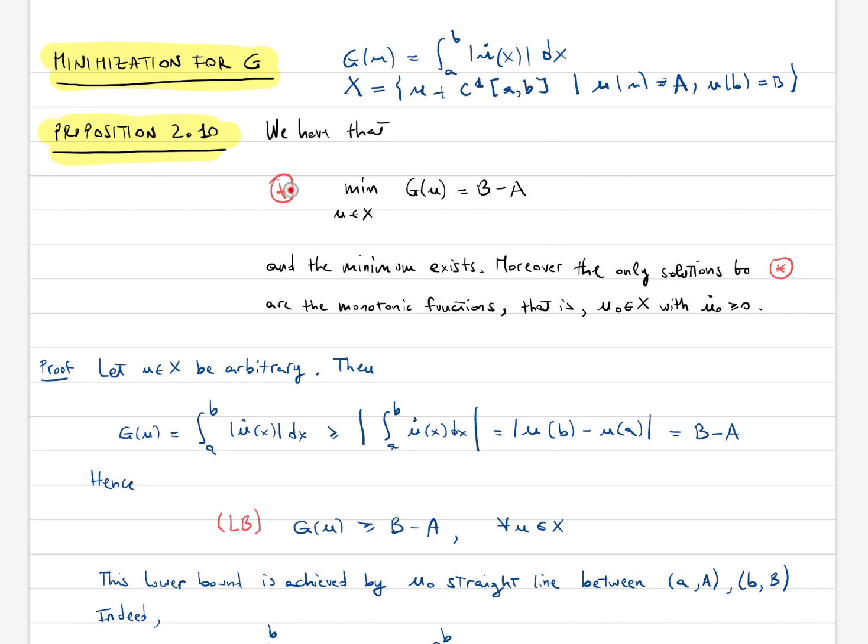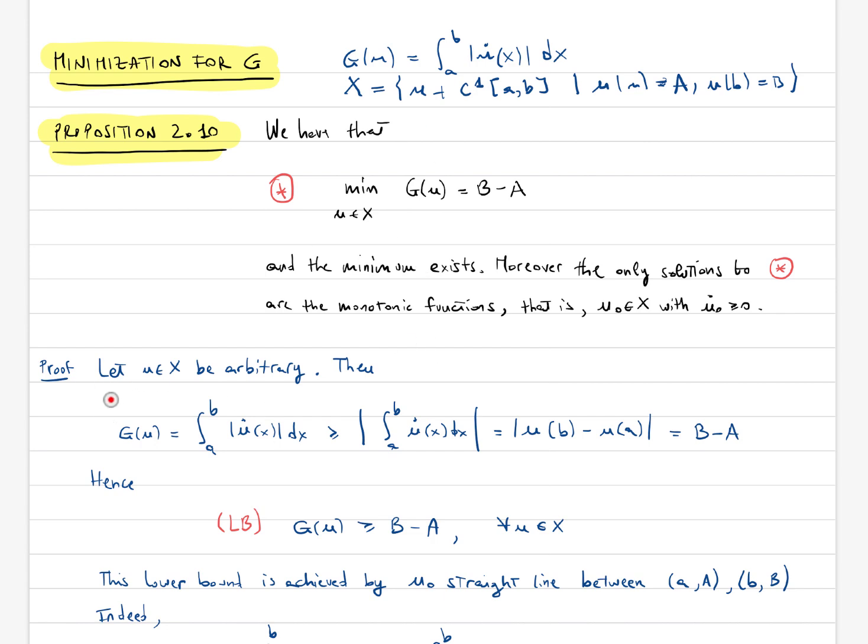Moreover, the only solutions to the minimization problem star are given by the monotonic functions, so functions in X such that u dot is greater or equal than 0. So they are monotonically increasing in this case, because remember that by assumption A is less or equal than B. So in order to connect these two points with a monotonic function it must be increasing.